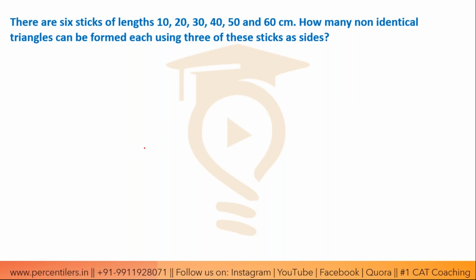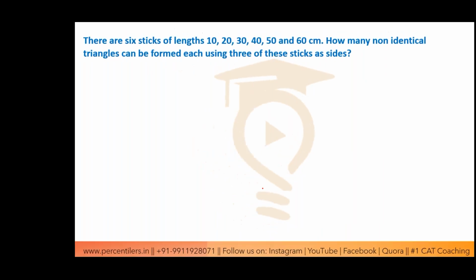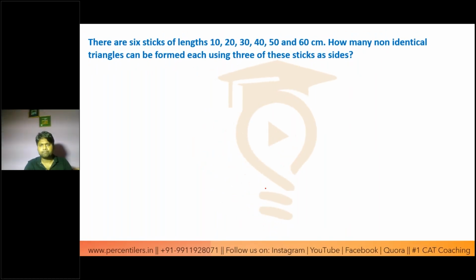Okay, two answers, 20 and 16. So I want to make a point here, in fact an information suggestion. It may sound like the number of triangles is asked, but it really does not need you to apply any part of permutation, combination or anything.